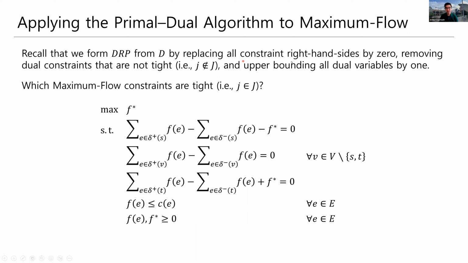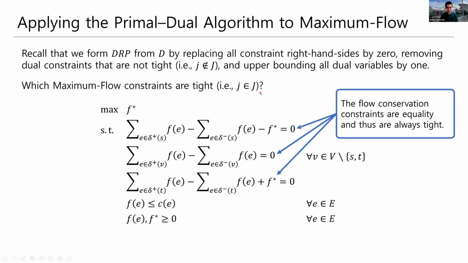Replacing right-hand sides by 0 seems easy, and upper bounding all dual variables by 1 is straightforward. But the big question that remains is, which constraints are tight? How do we know? Remember, tight is equality. We have 3 sets of equality constraints right here. With flow conservation, we know this is always equal to 0, so these are always tight. We don't need to worry about those.